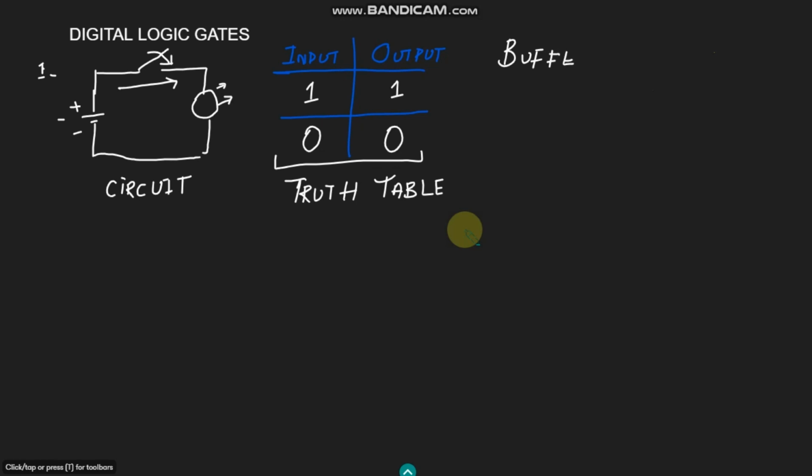And the circuit representation of a buffer is like this, where this is the input and that is the output. So that is the representation of a buffer: the circuit representation, the truth table, the name of it, and then the schematic representation.